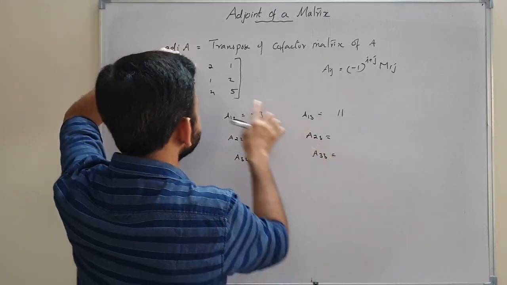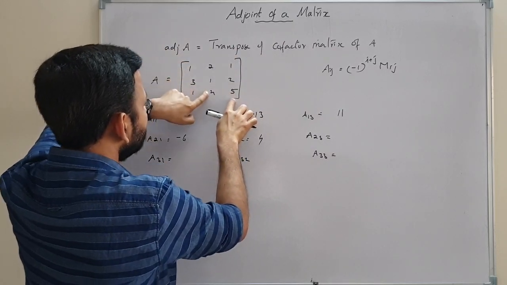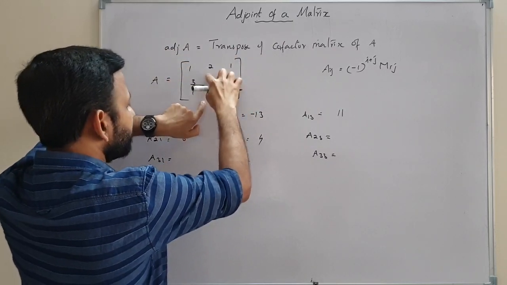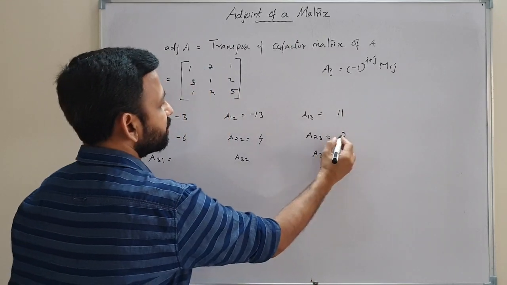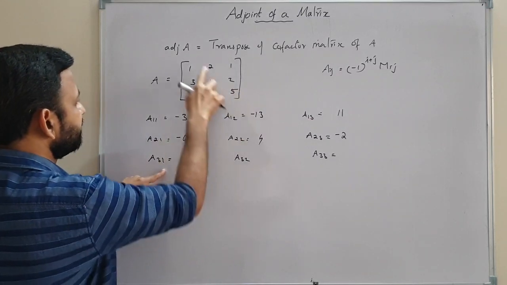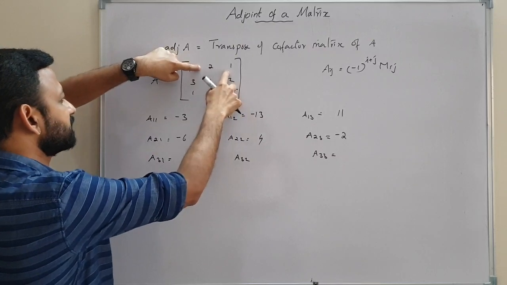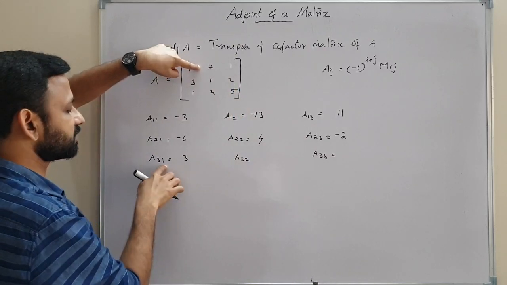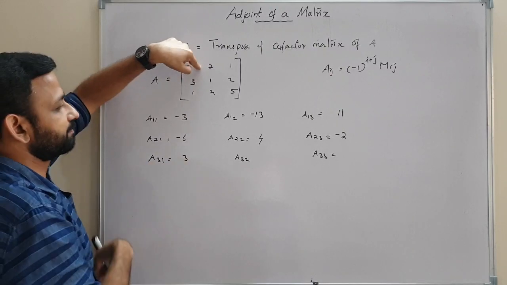Then A23, second row, third column, deleting, 1 into 4, 4 minus 1 into 2, 4 minus 2, that is 2. And here 2 plus 3 is odd number, so negative, opposite sign. Then A31, 2 into 2, 4, 4 minus 1, that is 3. 3 plus 1, 4, an even number, same sign.